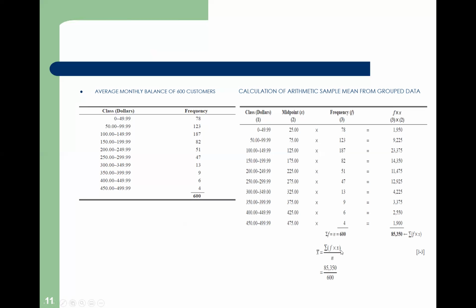Now we put these values into our formula. Here we will put 85,350, and n is the total number of observations, represented by the sum of frequency. So the total frequency is actually the total number of values in group data. So 85,350 divided by 600. Here we get our arithmetic mean for this sample data.